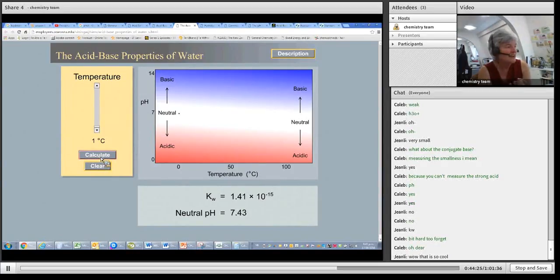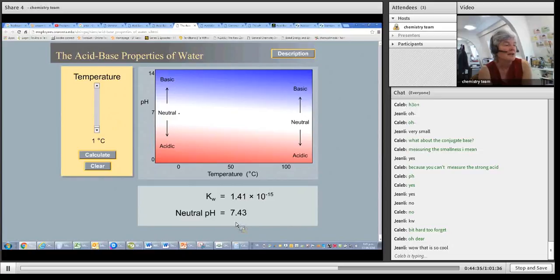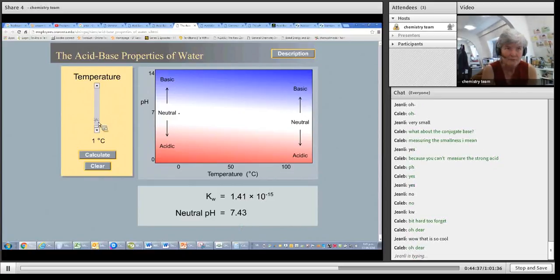And if I crank up the temperature and I calculate it, then it goes acidic. So if you were ever asked, true or false, the pH of neutral water is always 7, you can say, no it isn't, it depends on the temperature. Because a neutral substance just simply means equal amounts of hydronium and hydroxide ions.